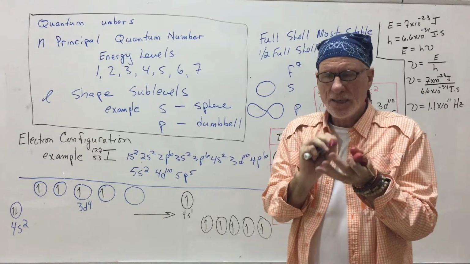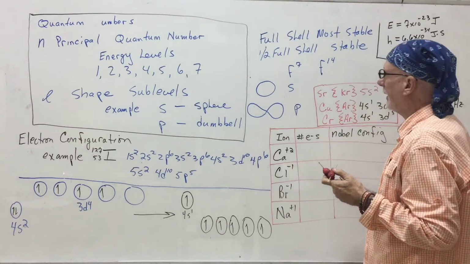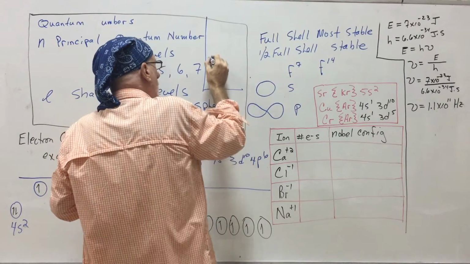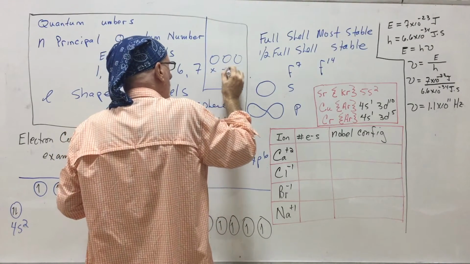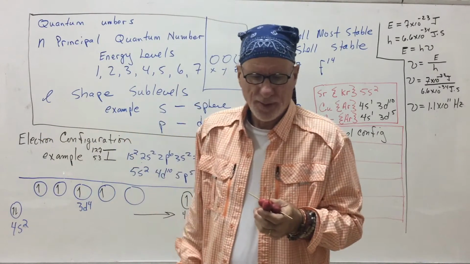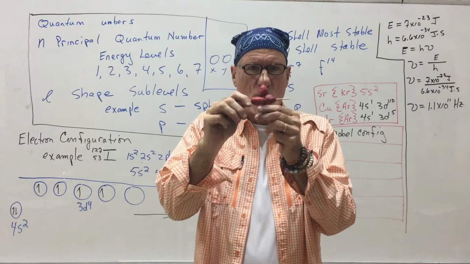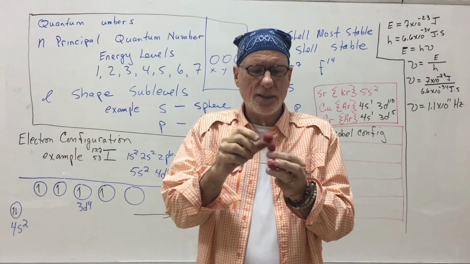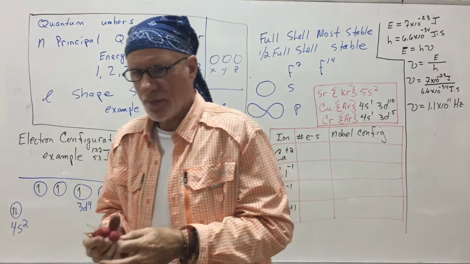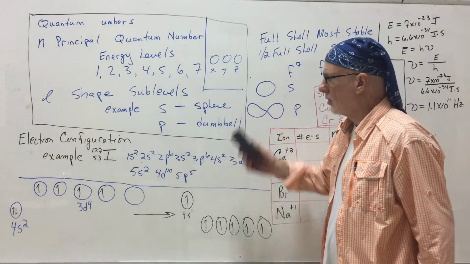There's three P suborbitals, 1, 2, 3: X, Y, Z. One in the X direction, one in the Y direction, and then one in the Z direction. Okay, now, that's going to be the most important thing relative to quantum numbers.